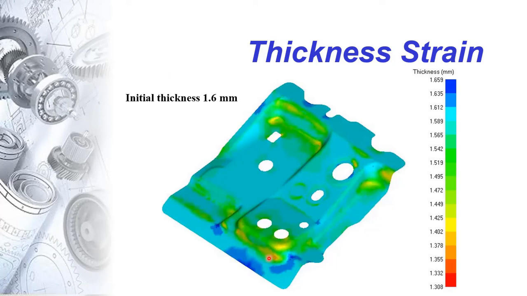There are some areas that have a lower thickness and other areas that have higher thickness here, ranging from yellow, which is about 1.4, up to 1.6.